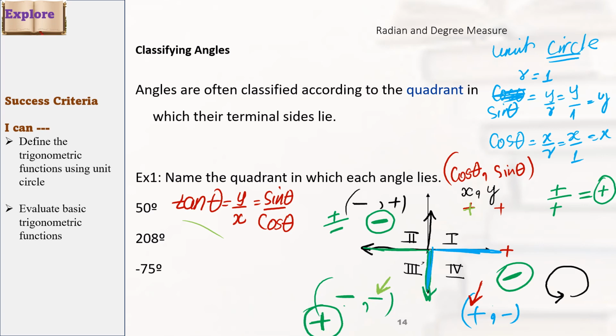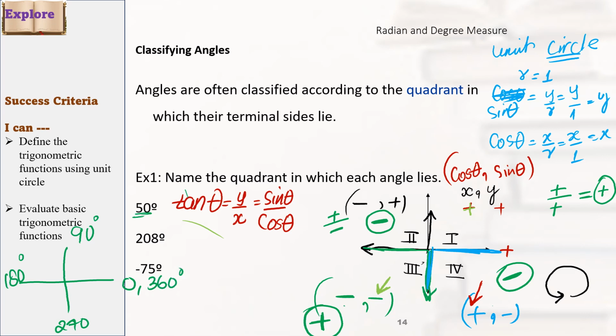Now they are saying name the quadrant in which these angles lie. You know 50 degree. Now have a look here. This is 0 degree, this is 90 degree, this is 180 degree, then this is 270 degree, and when we come back it is 360 degree.